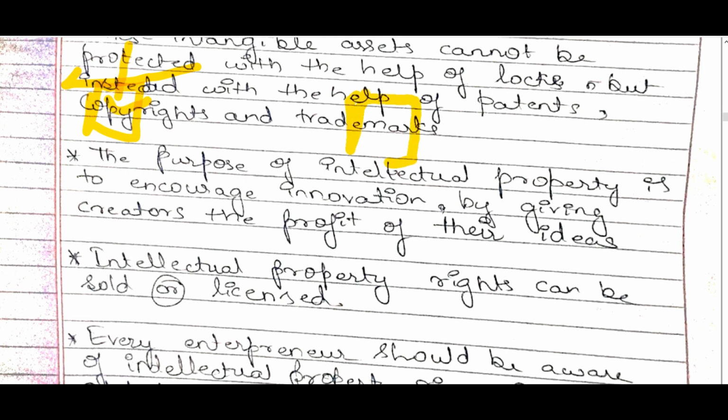So it is a loss for Tesla. With the help of intellectual property right, whenever this company creates a car, they have to give royalty or money to Tesla. With the help of this, innovation can be encouraged.